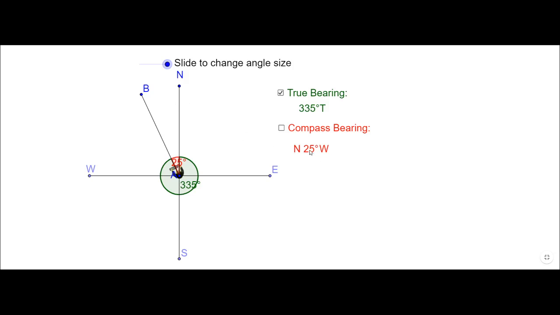Or even if you are given this one, to convert to true bearing, you first of all go straight to that quadrant, north, you put your protractor here and measure 25 degrees. That is in case you are doing the actual thing, not a sketch. So your protractor is here.